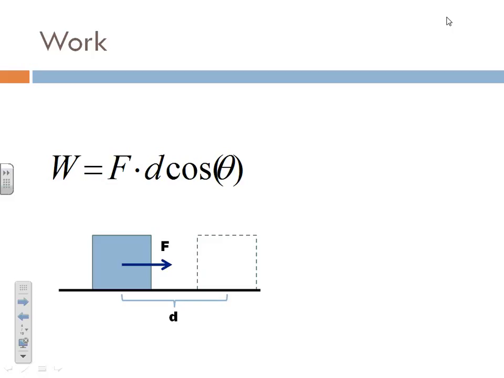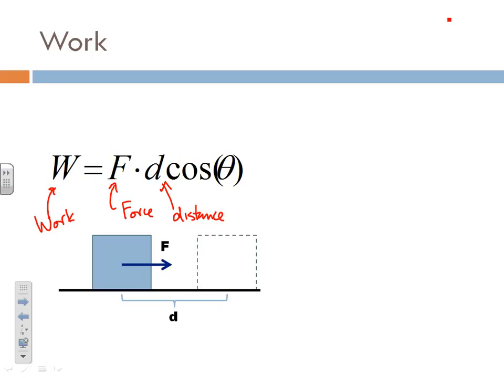So we move on next to just what the equation is for work. So we see in this equation the capital W. You could probably all take a guess that that's going to be work. F here is still going to be a force. D is going to be distance. And we have this cosine theta thing, and we're going to talk about that in a second. As far as units go, we're going to bring back some units from your chemistry class.